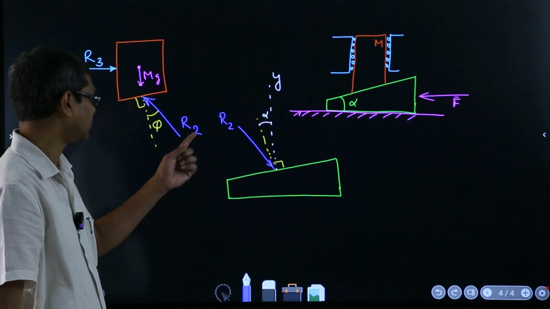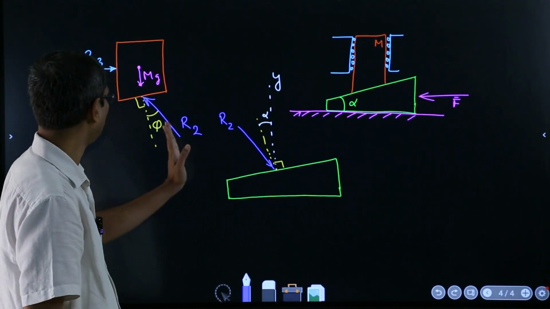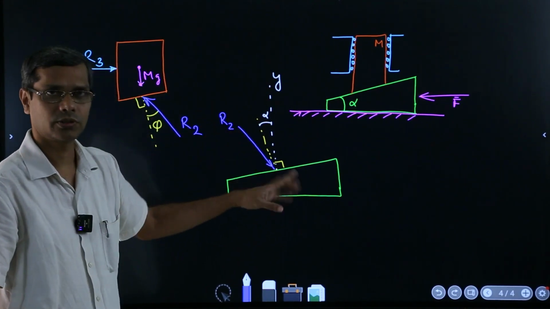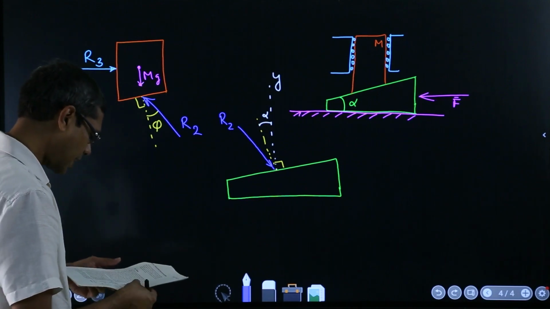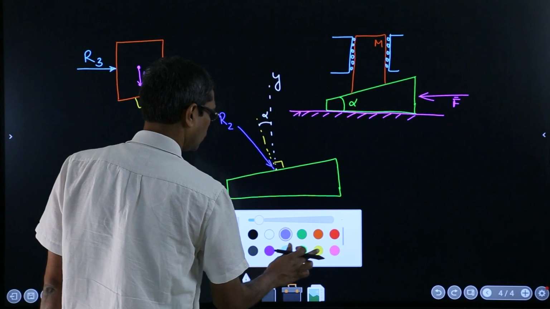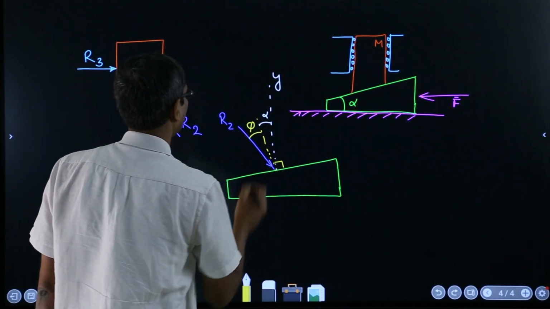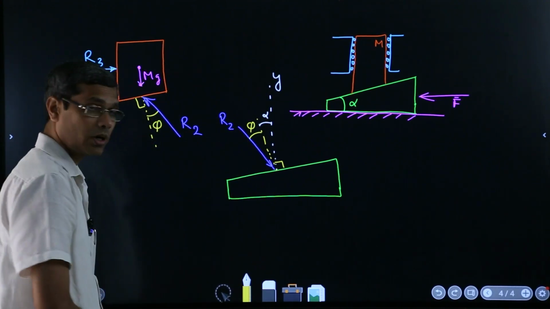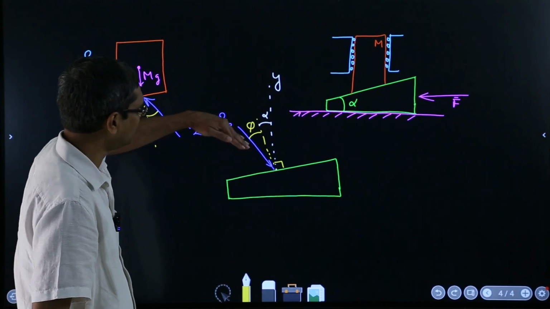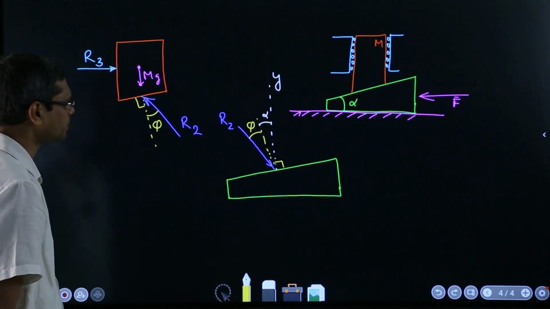I'm writing the magnitude of the force. If this wedge is pushing the block upward, that block will be pushing the wedge downwards. And then this angle should be equal to phi, right? This is phi and this is phi, because again the reaction force maximum could come up to here and it stays there because it's on the verge of slipping now.